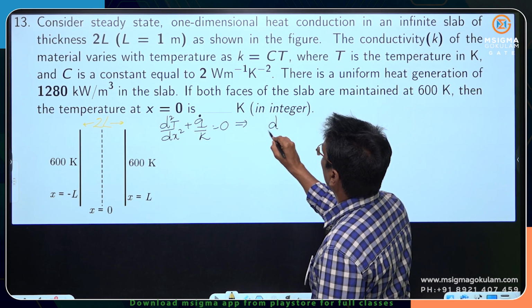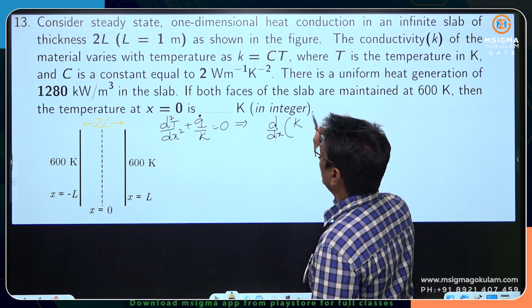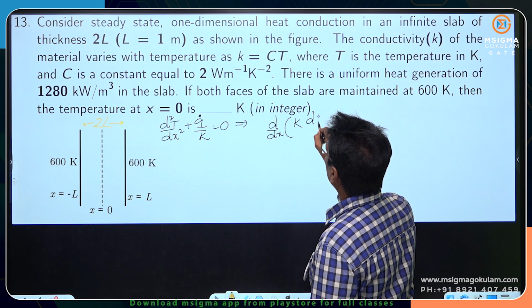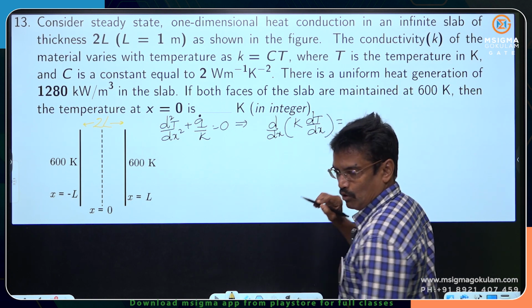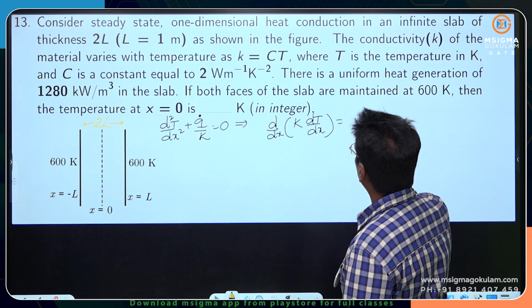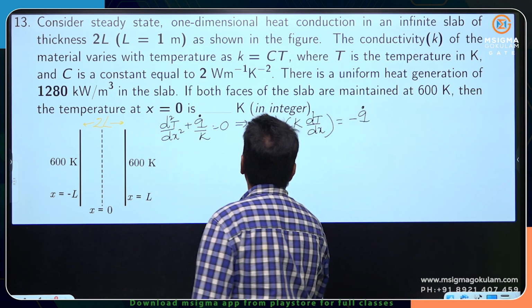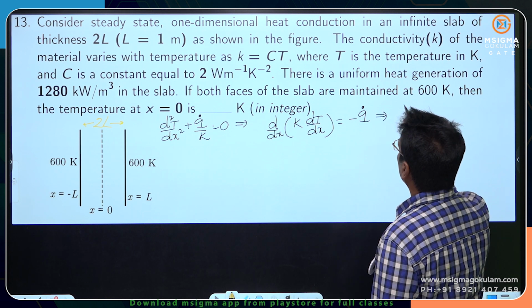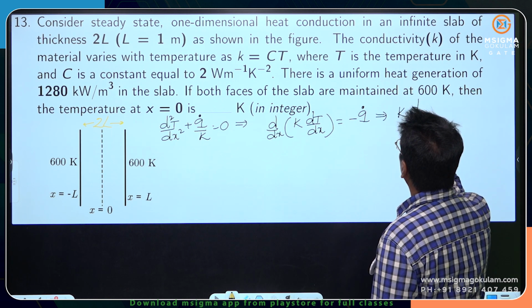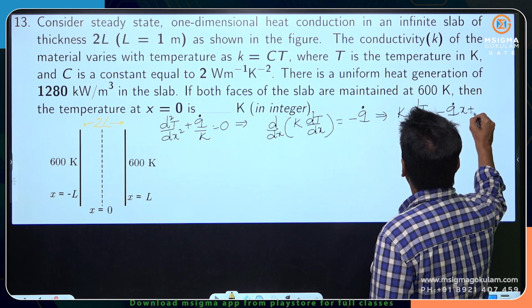This same equation I could write as d by dx of K dT by dx is equal to minus Q dot, because K is a variable. Now integrating, K dT by dx is equal to minus Q dot x plus C1.